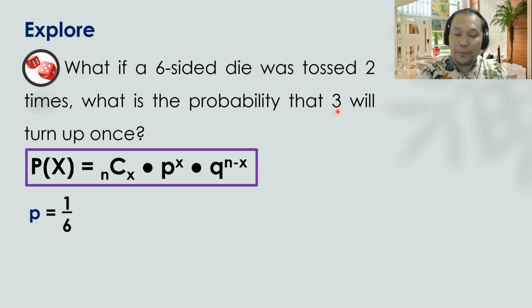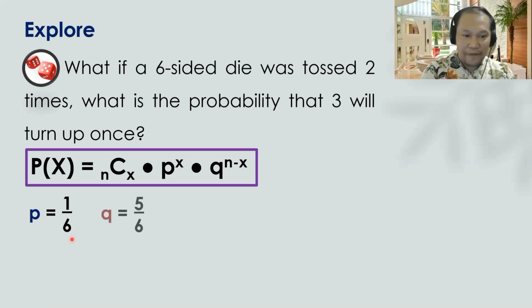Therefore, the probability of success that 3 will turn up among the given six-sided die is equal to 1 over 6.